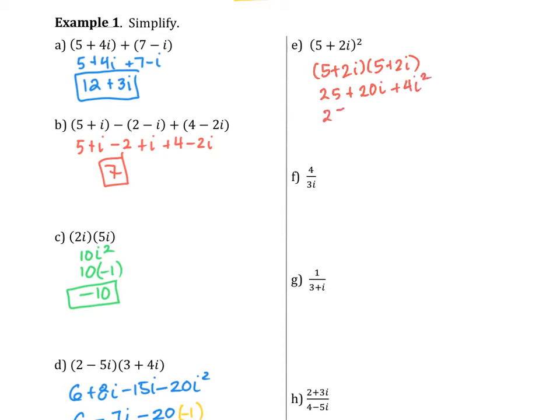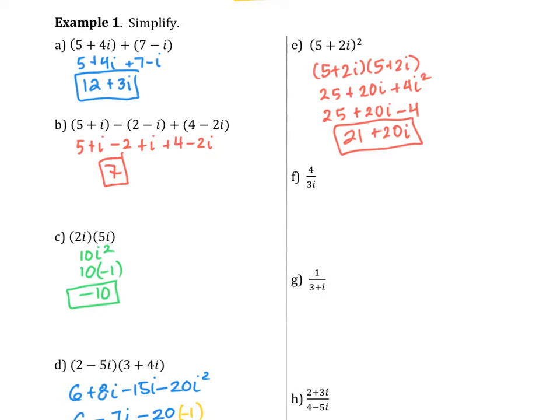Okay, so 25 plus 20i. Okay, i squared is -1. So if I do 4 times -1, I get -4, which will make this 21 plus 20i. And it's this complex number in standard form, so I've probably simplified as much as I can.